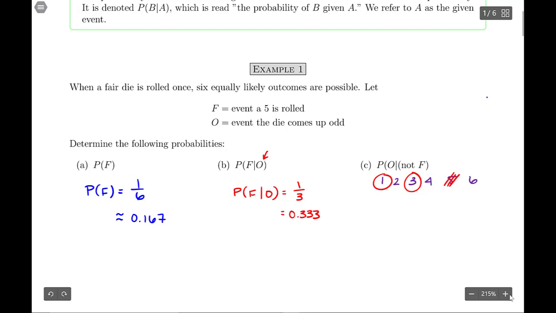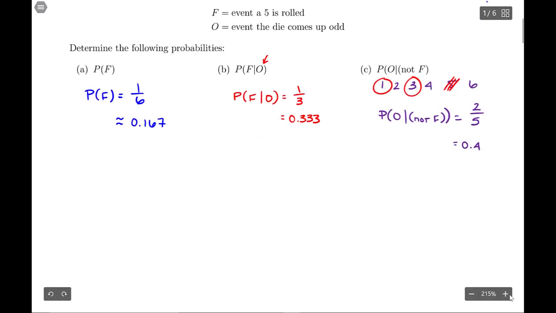So the probability that it is O, given not F, is 2 out of 5. There are 2 odd numbers remaining out of the 5 possible numbers left once we eliminate 5 from the mix, and that's going to be just 0.4. That's our probability.